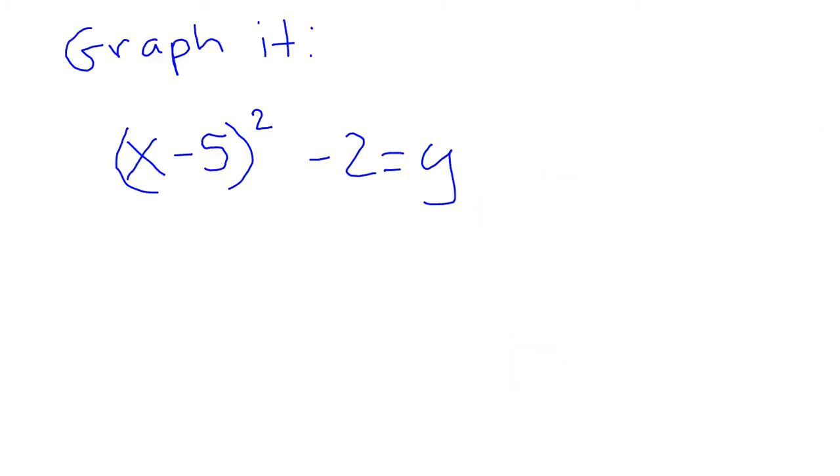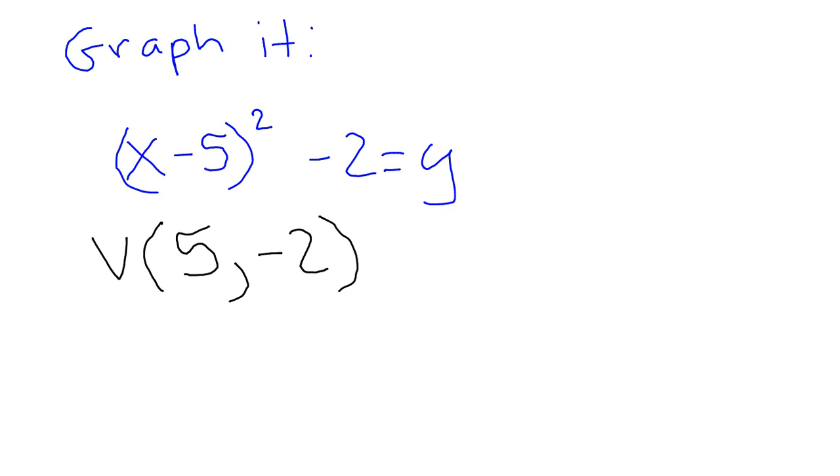Now we're going to find the vertex by going h, k. H is 5 because it's negative. So the opposite of negative 5 is a positive 5. So h, which is the x value of the vertex, is 5. And k is negative 2, which is the y value of the vertex. So our vertex is 5, negative 2.